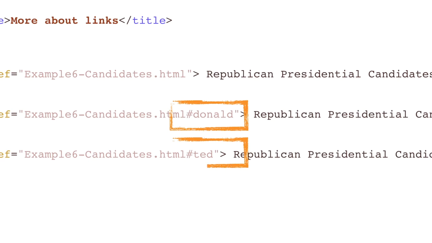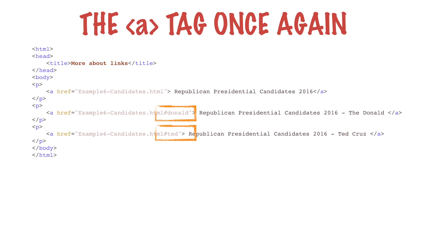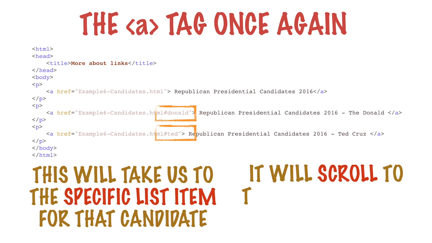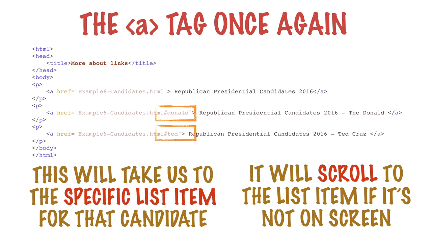In other words, we have pointed to the specific ID on a specific page by adding the ID name with a hash onto the end of the URL. And again, doing so would take us to the specific list item for that candidate when we click on this link. Again, the browser would scroll to that list element if it was not on screen. And that's how we were able to link to a specific portion of a web page.